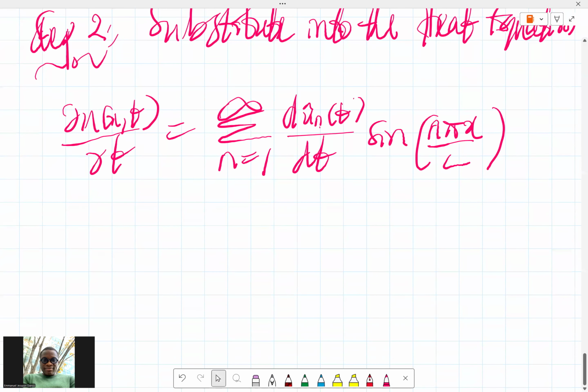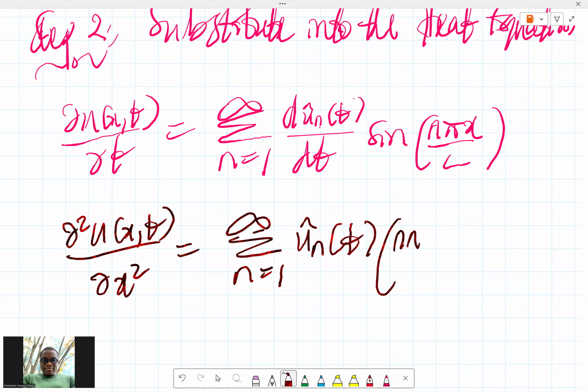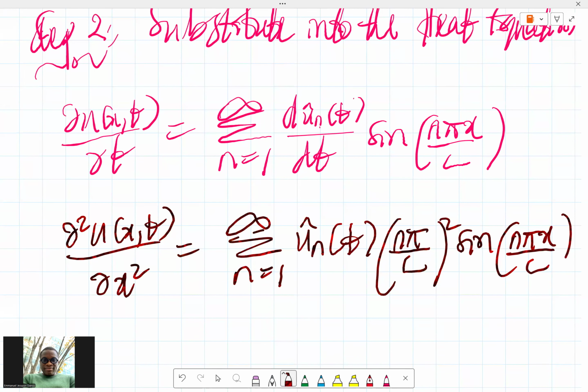And then for the other one, we have the partial squared u(x,t) with respect to x squared. That is the summation from n equals 1 to infinity of u_n(t) times (n pi / L) squared sine(n pi x / L).